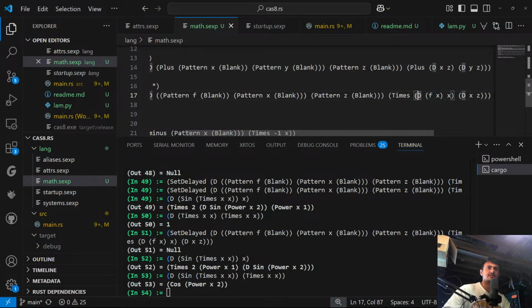Shouldn't this recurse on the same rule as before? So if we did set f to... okay.